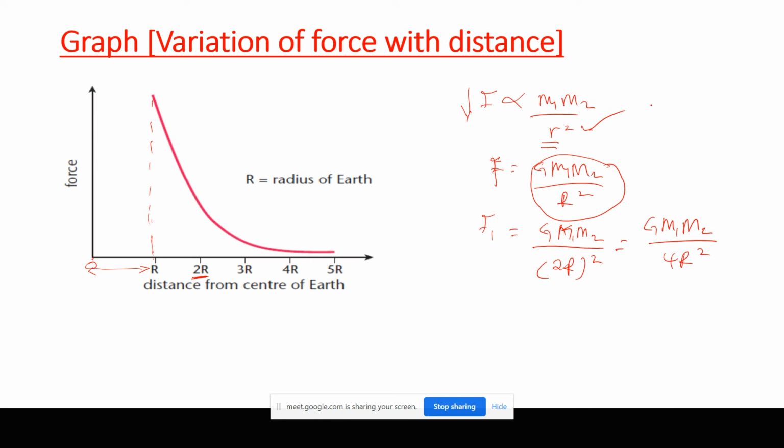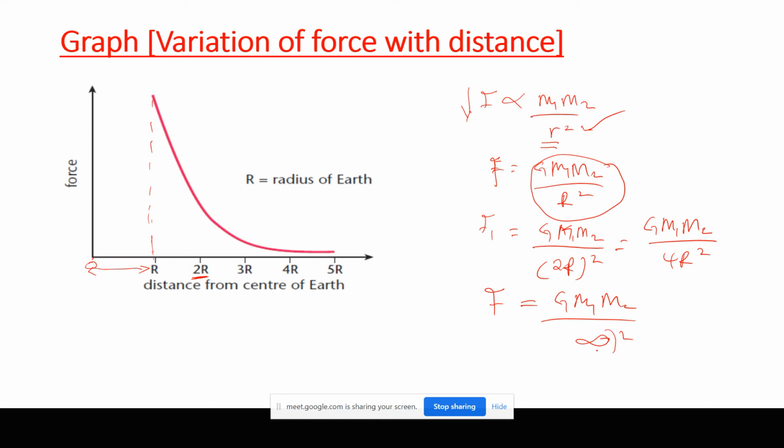So this force between the two objects, which is due to gravity, is reducing as the distance separating the two objects increases. What does that imply? We can therefore predict that at infinity, the force becomes 0, because F is equal to Gm1m2 divided by the distance, which is now infinity, squared.